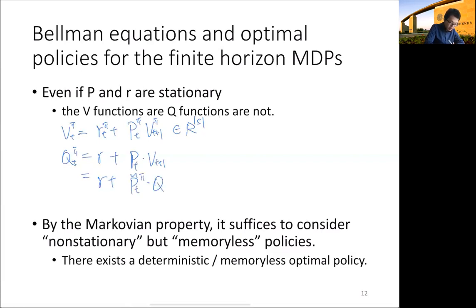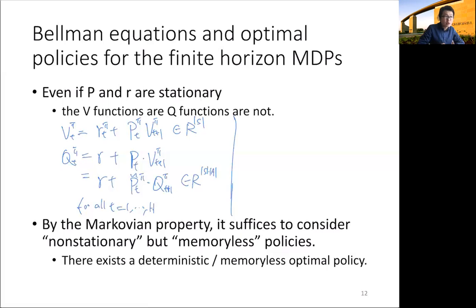Sorry, I'm missing the pi here. And this belongs to our state-action space, right? So these are the Bellman equations for all t from 1 to h. These are the Bellman equations for the finite horizon MDPs.